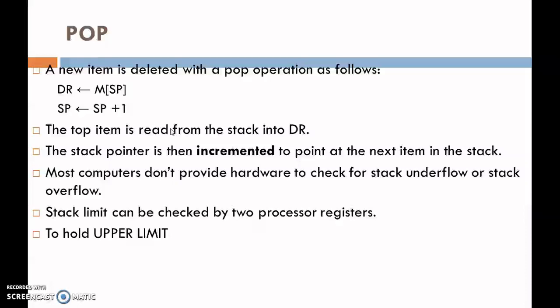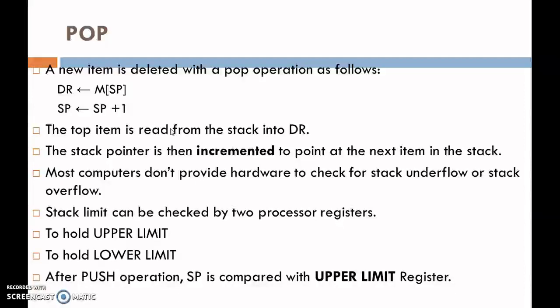But we can implement it by checking two processor registers. First is the upper limit, which stores the upper limit of the memory stack, and second is the lower limit of the memory stack. After a push operation, SP is compared with the upper limit.